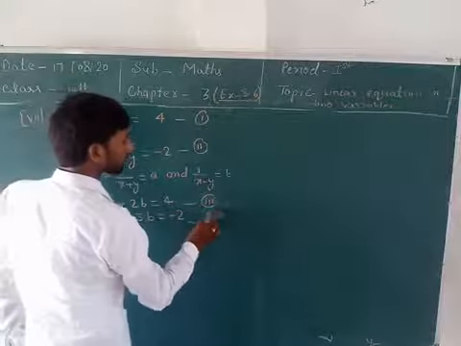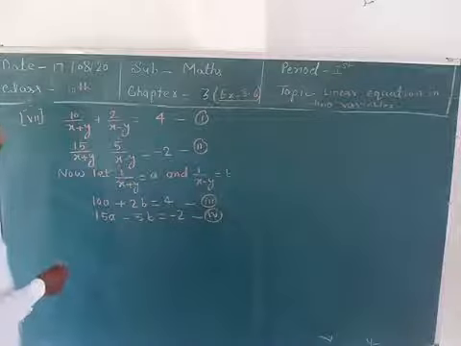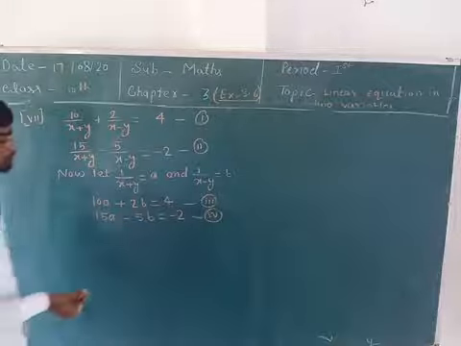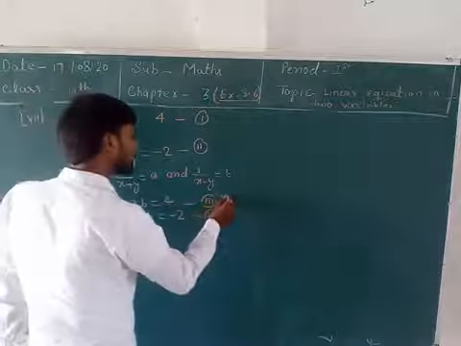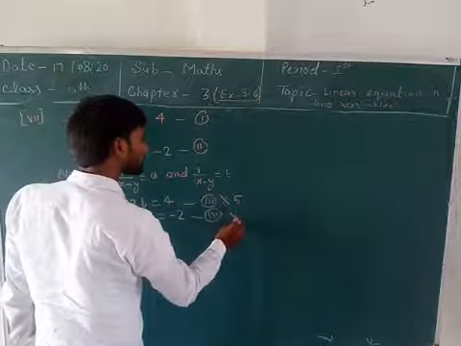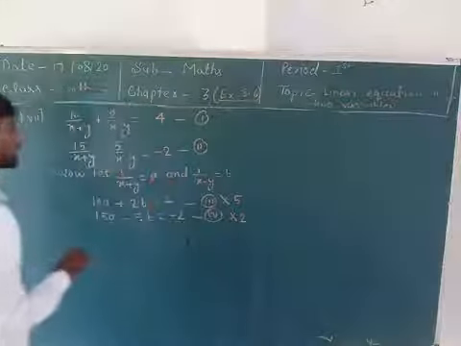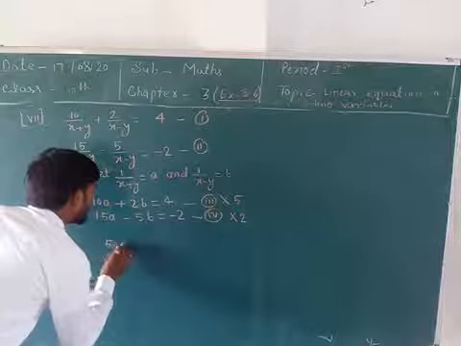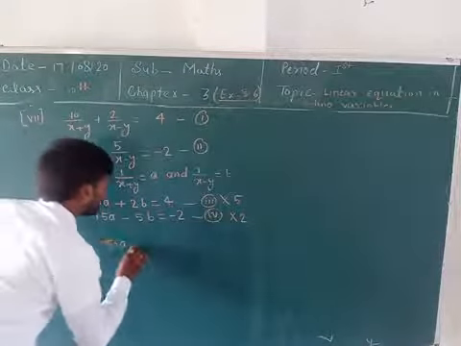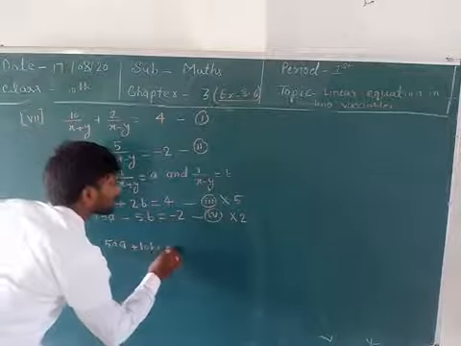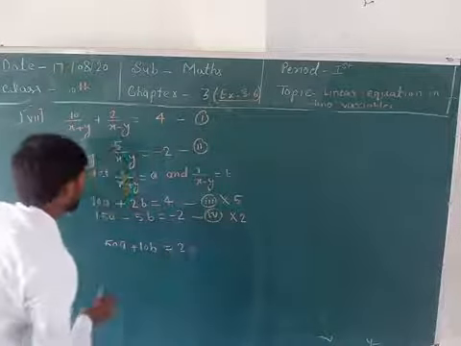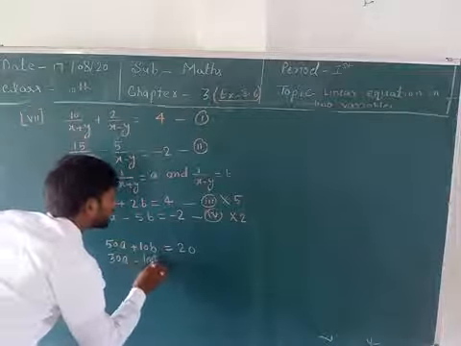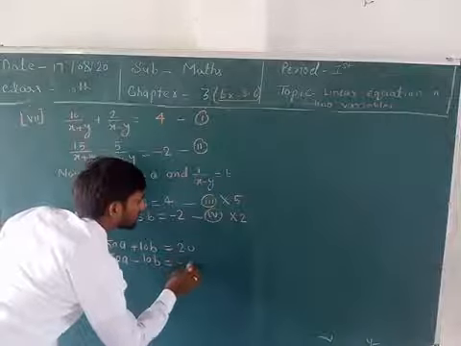Here we see that no coefficients are the same, so equation 3 is multiplied by 5 and equation 4 is multiplied by 2. We get 50a plus 10b equal to 20 and 30a minus 10b equal to minus 4.